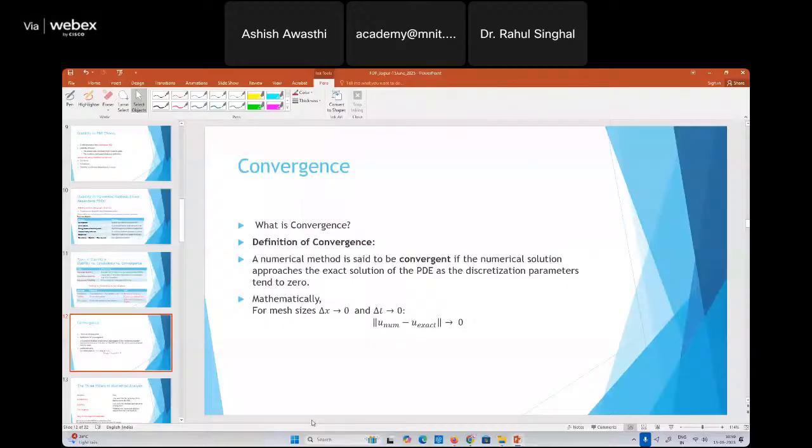Many times in many papers you might have seen that they say that if you are refining your delta x, suppose you have taken delta x first 0.1, then next time 0.01, next time 0.001, and you see that when you are refining, finally it is leading to the exact solution.